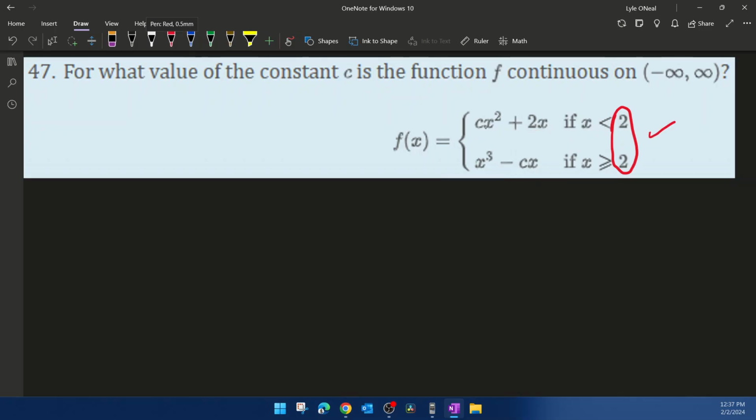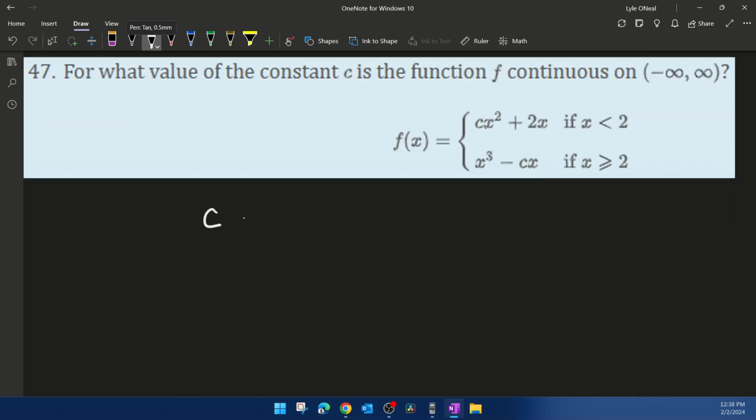So here's what we know. We know that when this graph transitions from the top piece to the bottom piece, they must be at the same height. And so what we're going to do is plug in the transition point for x into both pieces. We're going to set them equal because those y values will need to be equal.